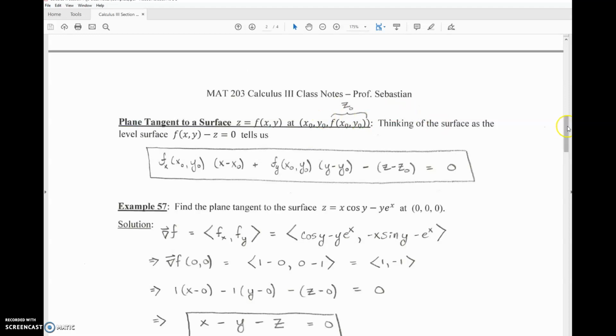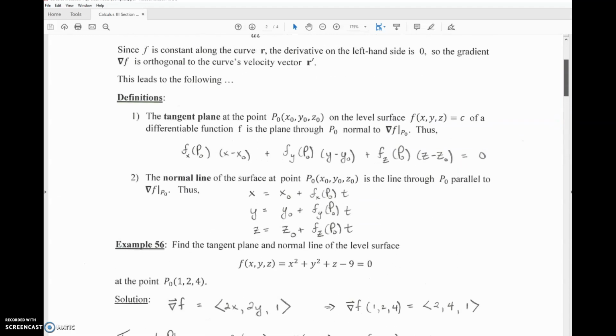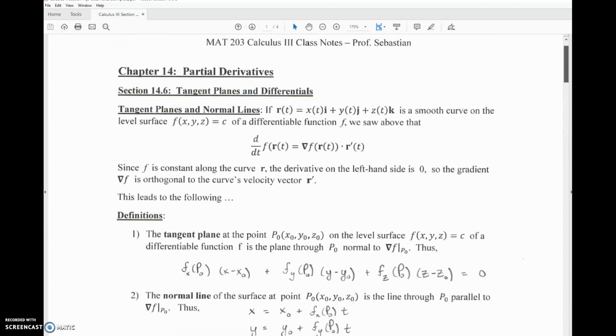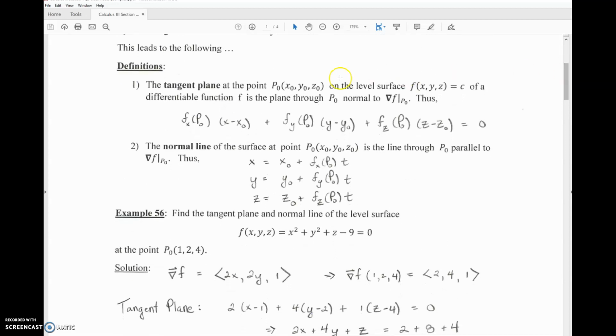If you remember on the previous page, if we have a surface that is thought of as a level surface, f of x, y, z equals c, then this is the equation for a plane through P naught normal to the gradient of f.